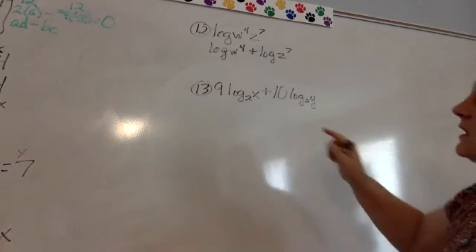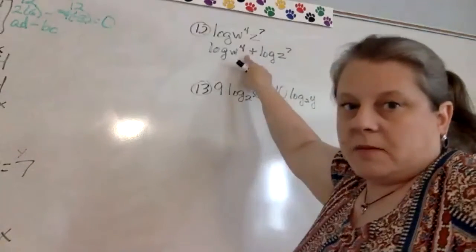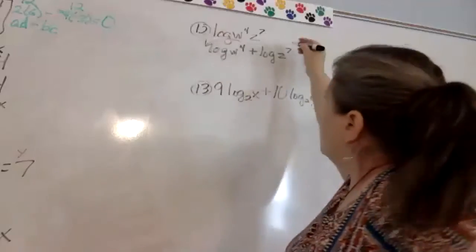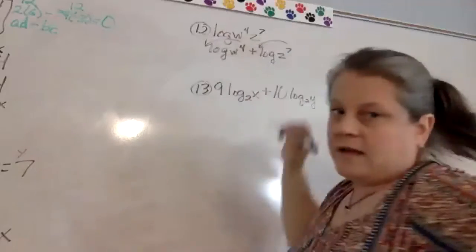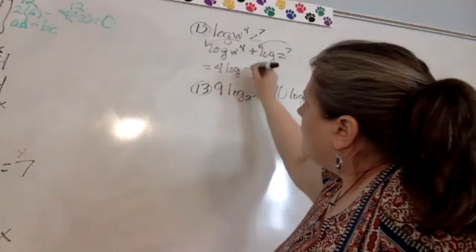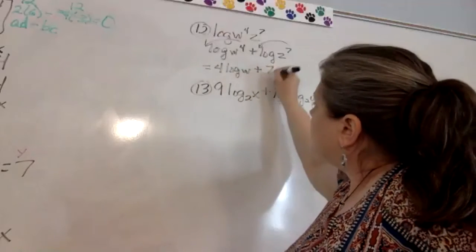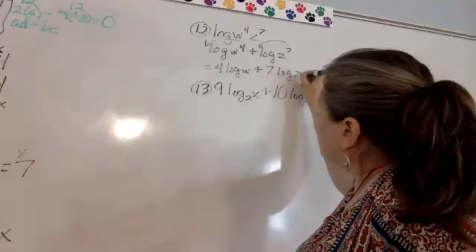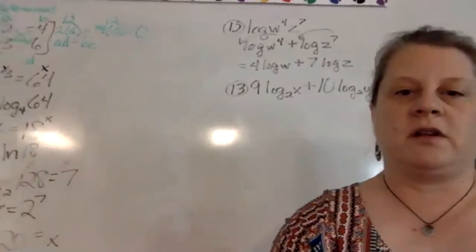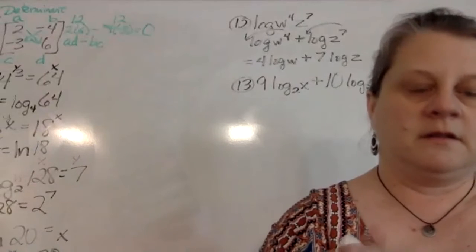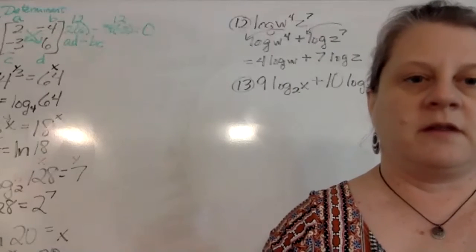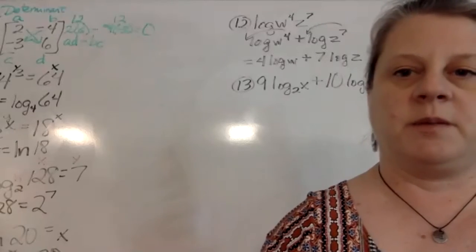Now remember, we don't like this exponent on our argument here, so it goes to the front of that part, and this one goes to the front of that part. So I will have 4 logarithm of w plus 7 logarithm of z. Does that look familiar? Most of you like this part. You thought they were pretty easy. Does it look familiar? You remember it? Yes, ma'am. Okay. Most of you, like I said, you thought this part was pretty easy.